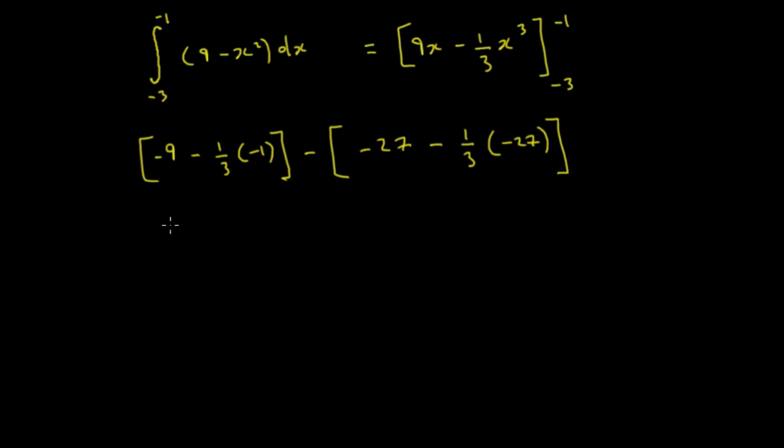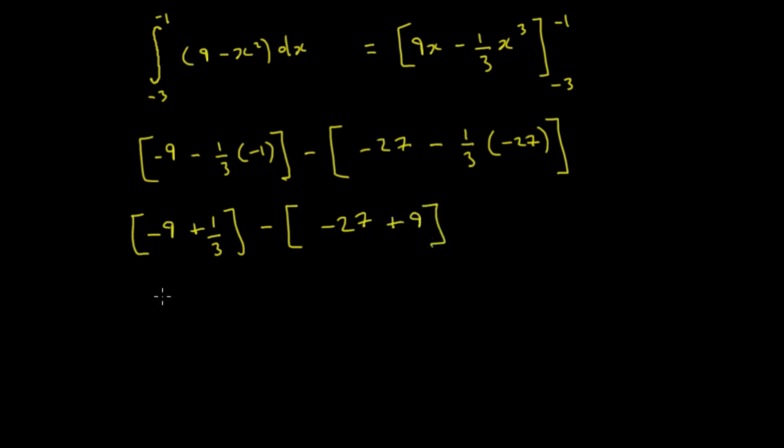So that's going to give us a value of minus 9, and it'll be minus times minus, the plus 1 upon 3, and we'll have minus 27, and 3 into 27 goes 9, and minus cancels, so it's going to be plus 9.